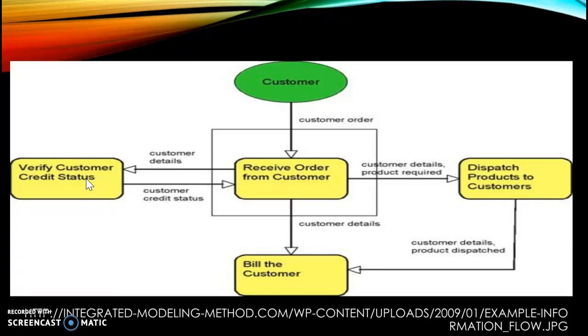It checks that it's good. Received the order from customer. Then customer details and product requirement, because you need to know the address, name, everything. Then dispatch the product to the customer, and then customer details, the product dispatched, and then bill to the customer.